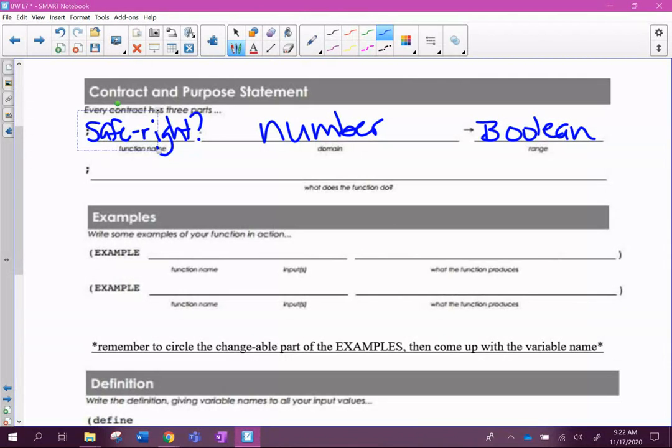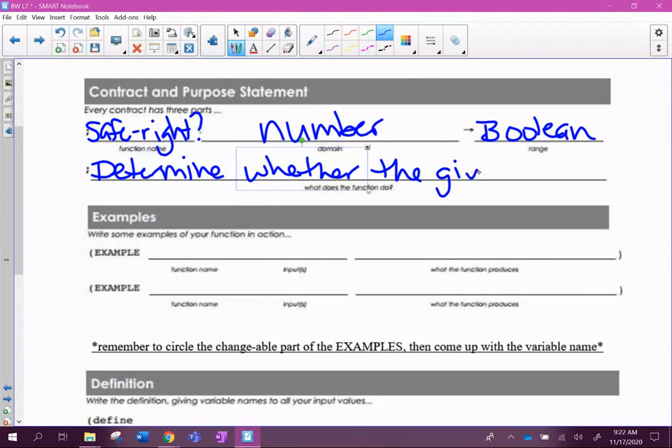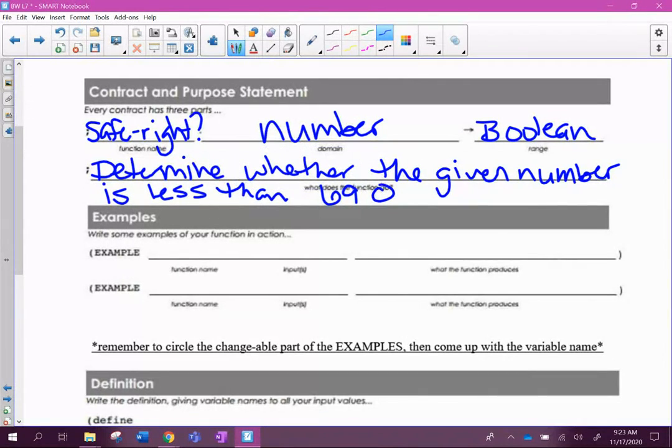And the purpose statement for this is to determine whether the given number is less than 690. So it's almost the same thing.